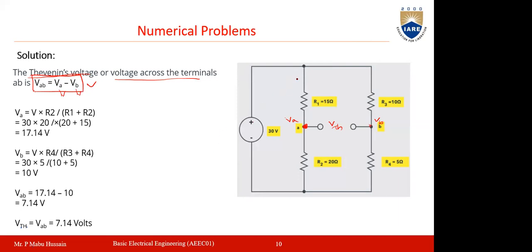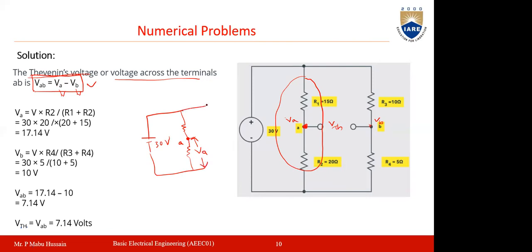Now, if you see here, this is entirely one element connected across the 30 volt voltage source. Between these 30 volt terminals, you have two resistances connected in series, and you need to find the voltage across this, which will be VA.